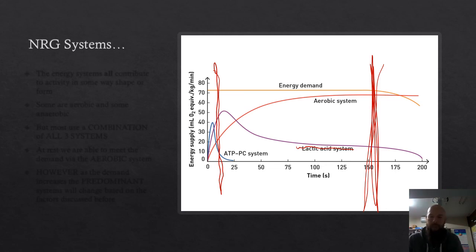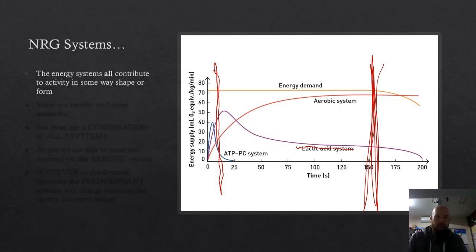The reason is that system requires the activity to stop in order to replenish its phosphocreatine stores. So, like we've just said, they all contribute in some way, shape, or form.